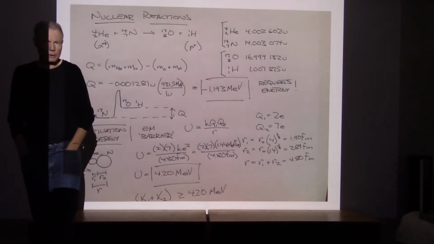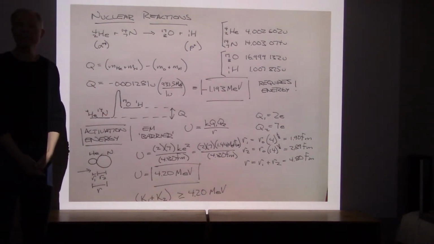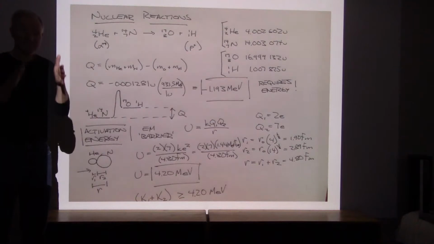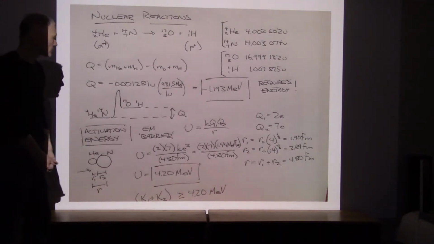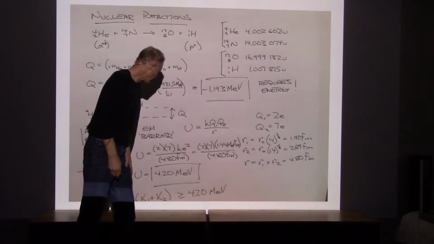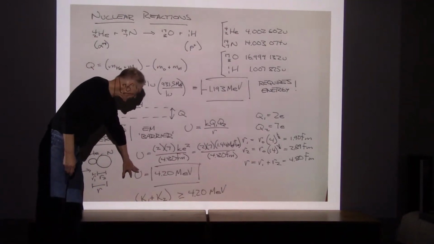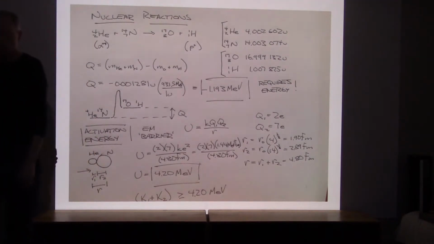These are going to be very energetic reactions, and the distances involved are going to be of the order of femtometers. That's the scale at which the nuclear force will create these sorts of reactions. So I put all the numbers in, I put the R in down below, and it says that there's a potential energy barrier of 4.20 MeV.